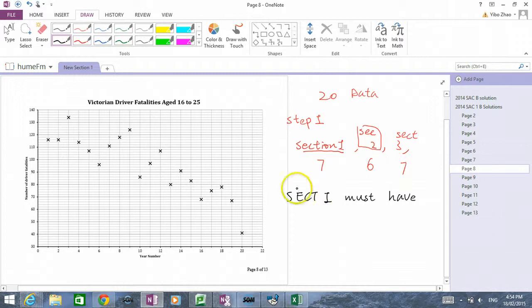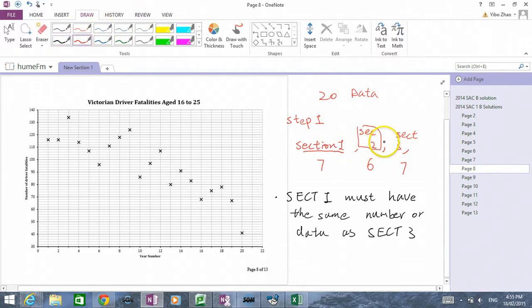That's a rule. The middle section can have less or can have more, but section 1 and section 3 must be the same. So if I have 7 in section 1, I should have 7 in section 3. Then I should have 6 in the middle, because 7 plus 6 plus 7 gives me 20. Okay?